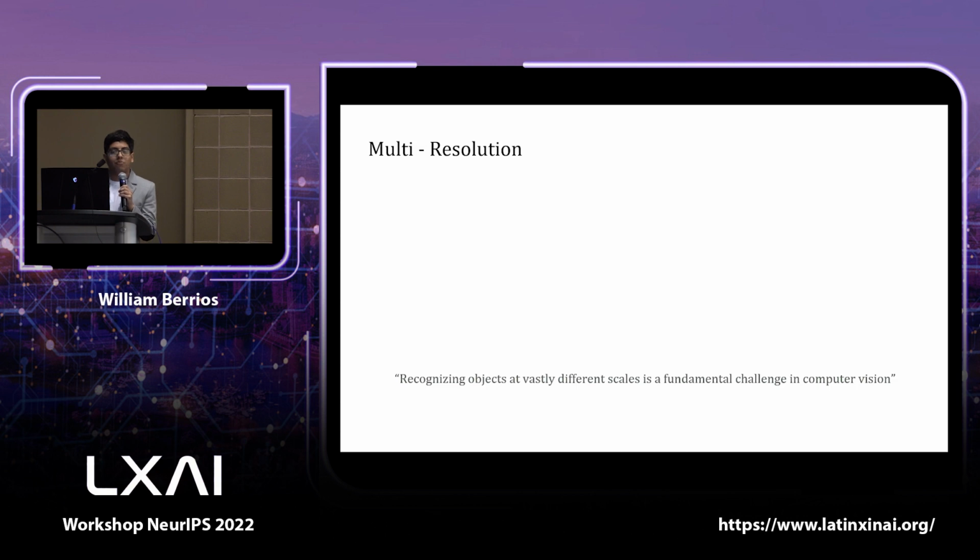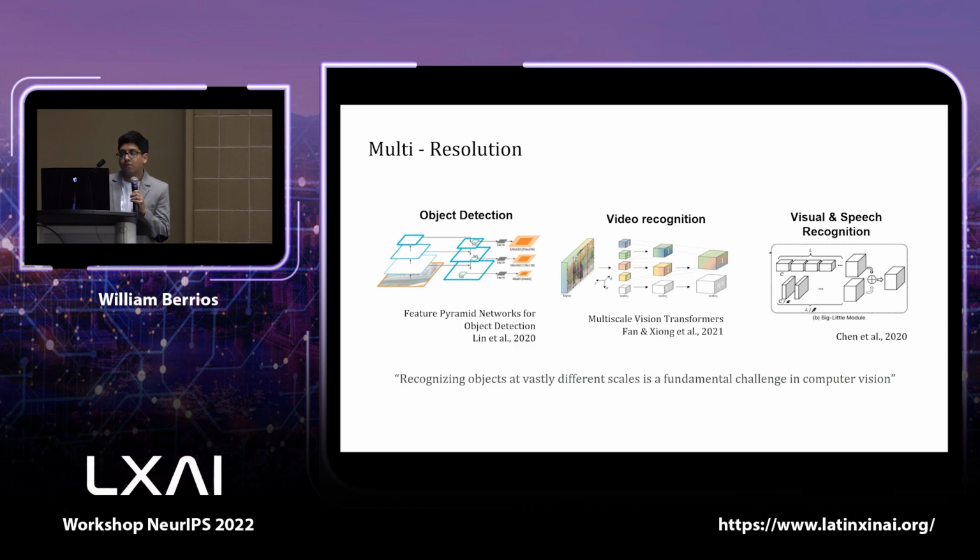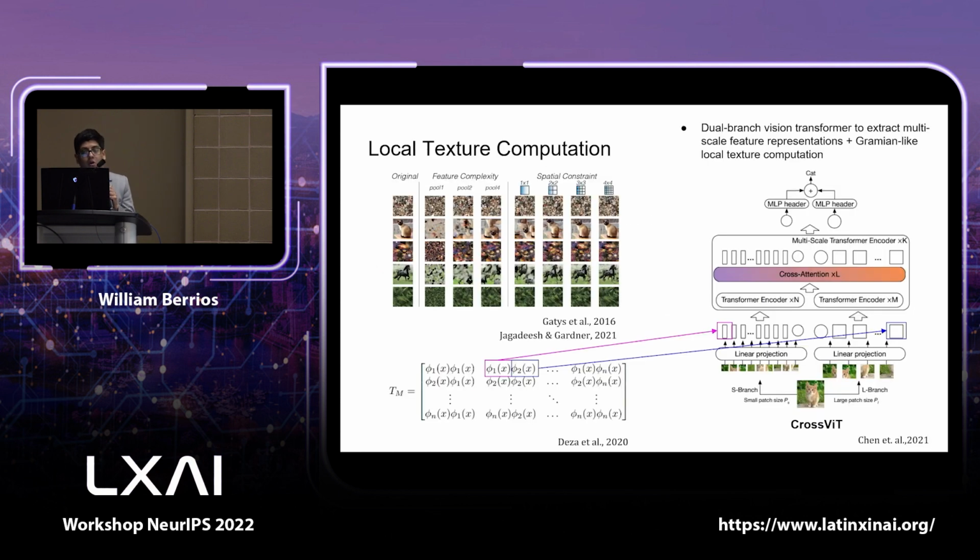Recognizing objects at vastly different scales is a fundamental challenge in computer vision, and there has been a lot of work that helps with this, for example in object detection, in video recognition, and also in visual and speech recognition.